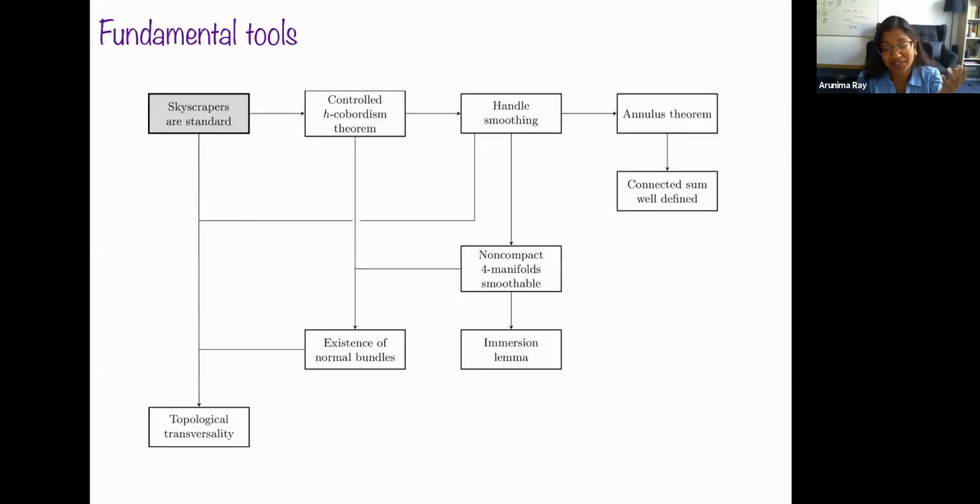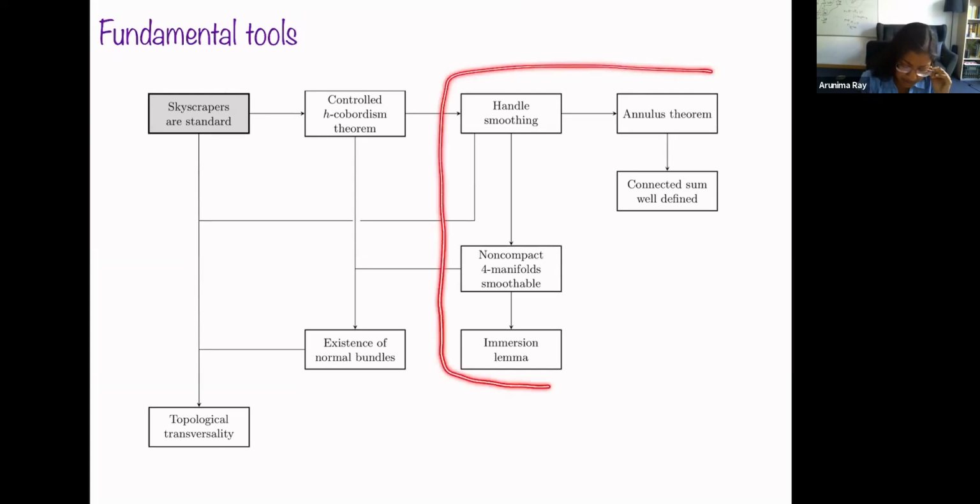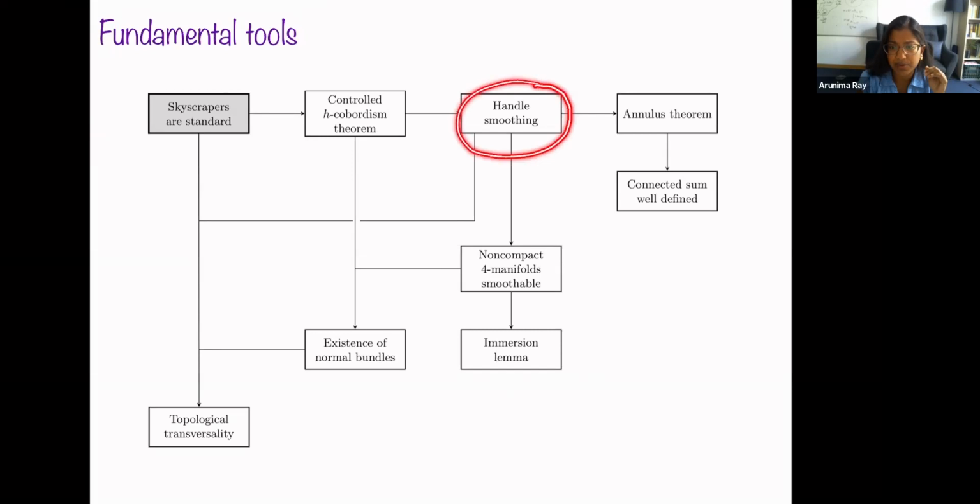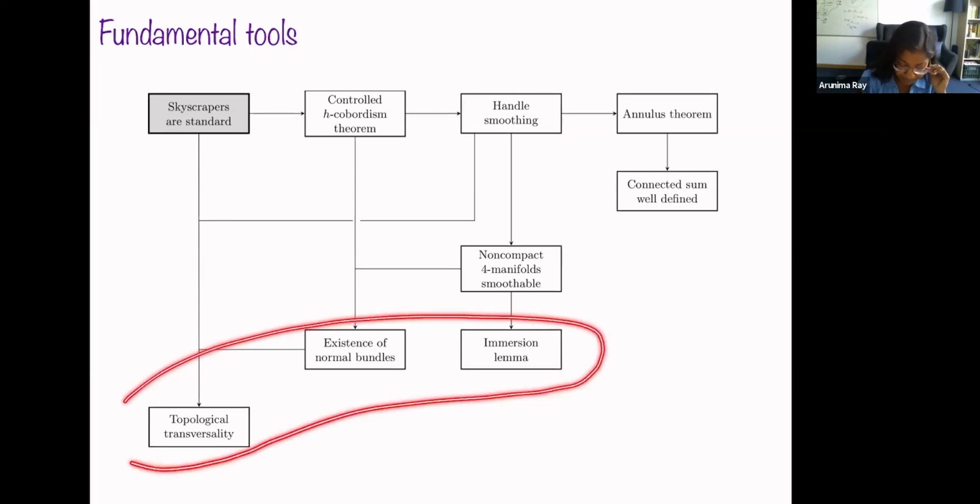So, what did we do in the lectures? We had this flowchart, and we were focused on this part of it a little bit. I spent some time talking about handle smoothing, and we saw that this is a very nice framework across dimensions. And that's how we got these three fundamental tools.